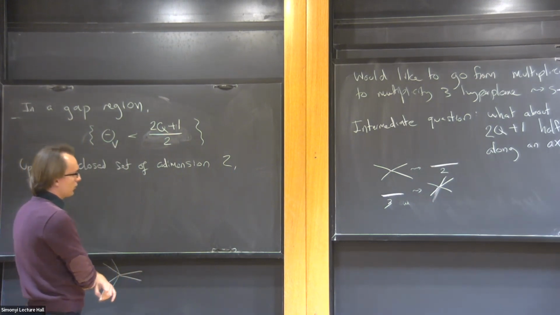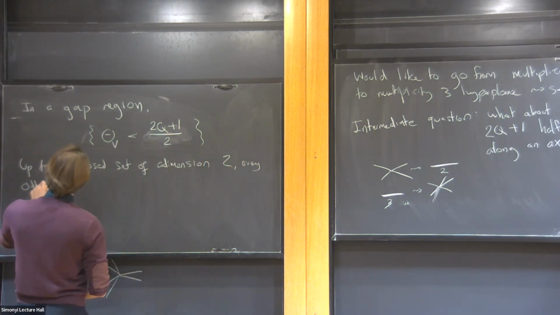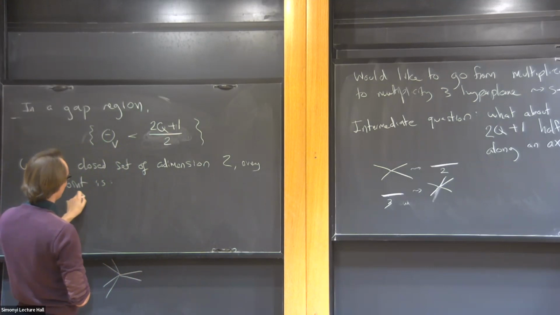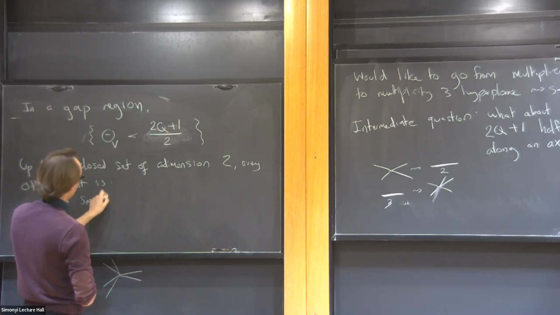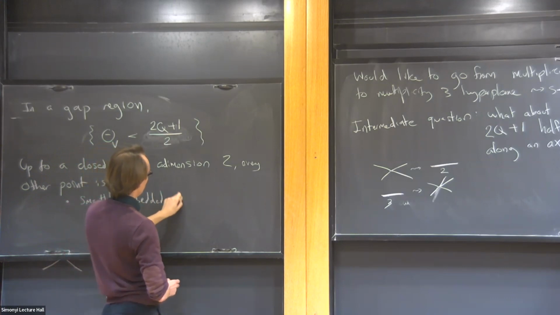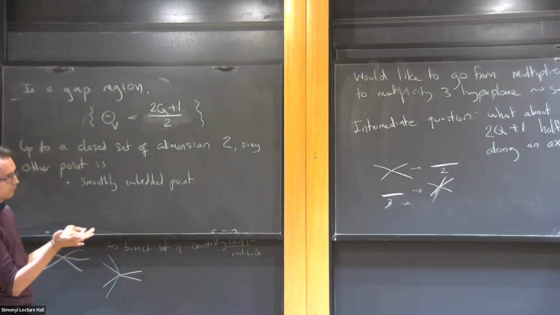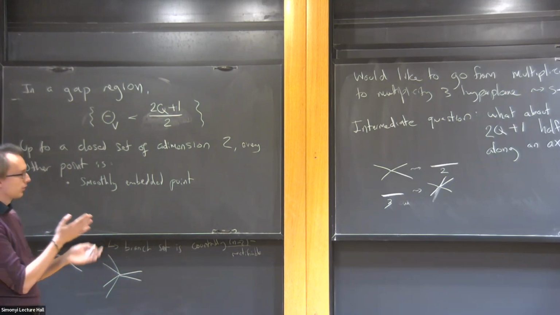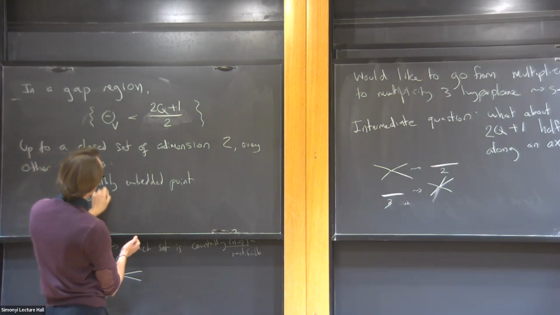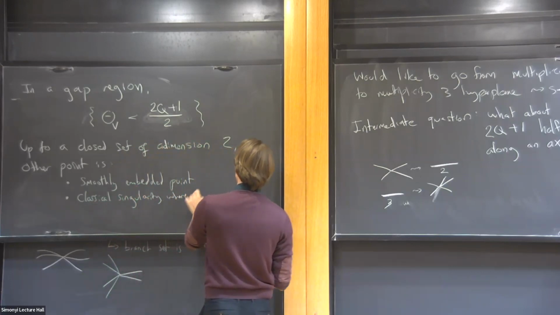So up to a small set, every point is either a smoothly embedded point, or it's a classical singularity, like a smoothly embedded thing where 2Q sheets come together.